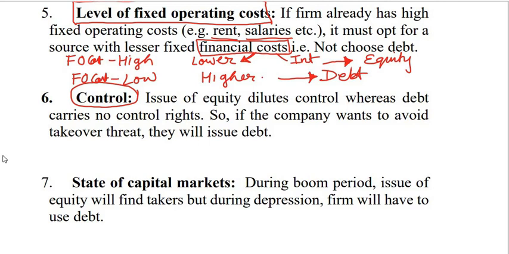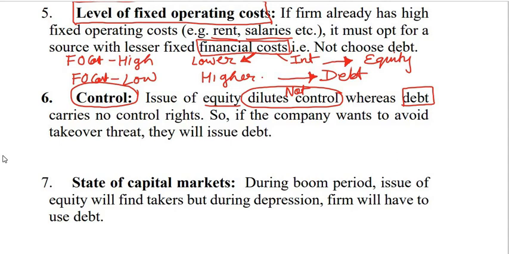So if equity shareholders want that their control should not be diluted, in that case they should go for debt. But if they have no problem in losing their control, then they can go for equity.